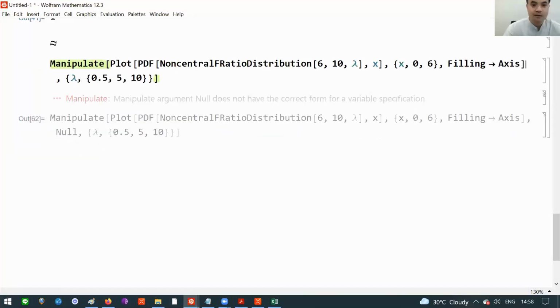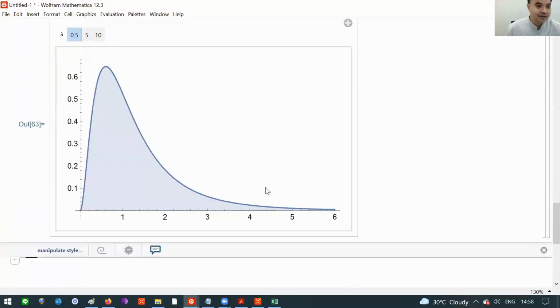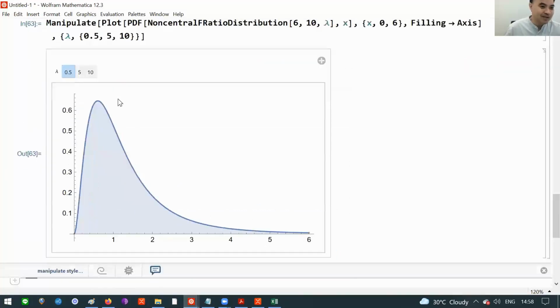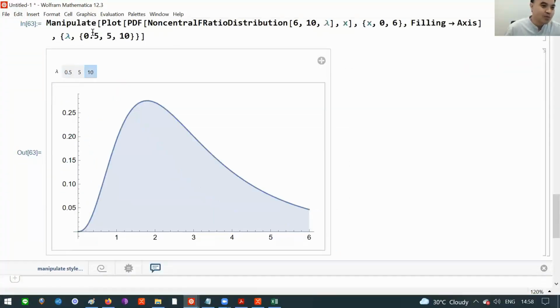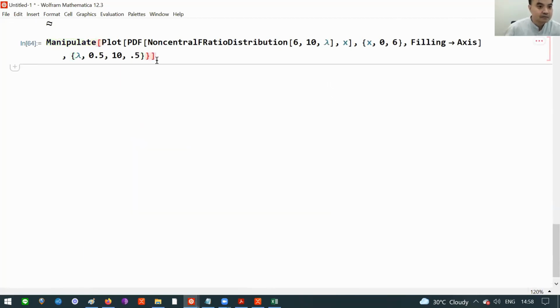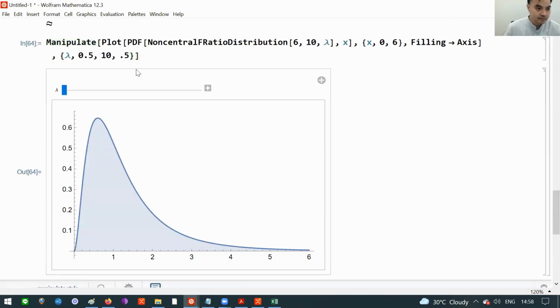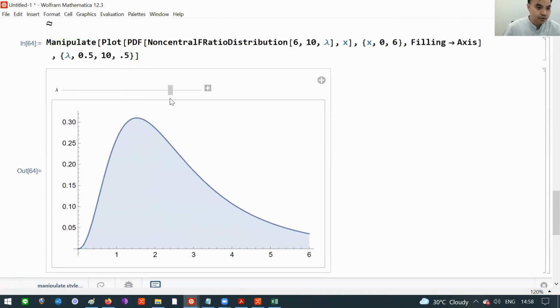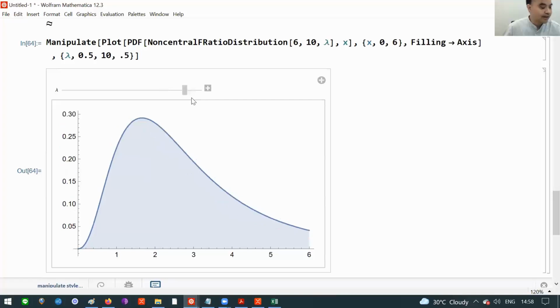Oh, I have too many brackets. That would be like what your friend was showing earlier. But I don't want to do that. So I take this, say 0.5, go up to 10 instead of 0.5.